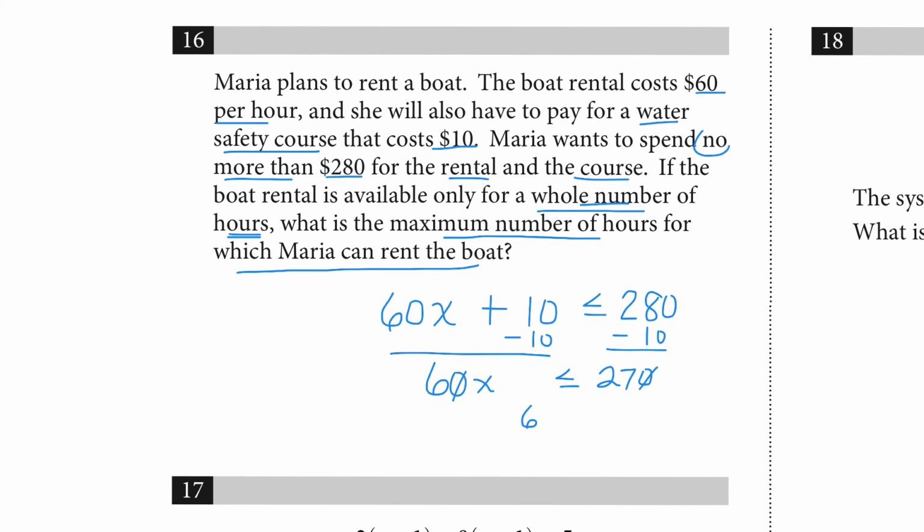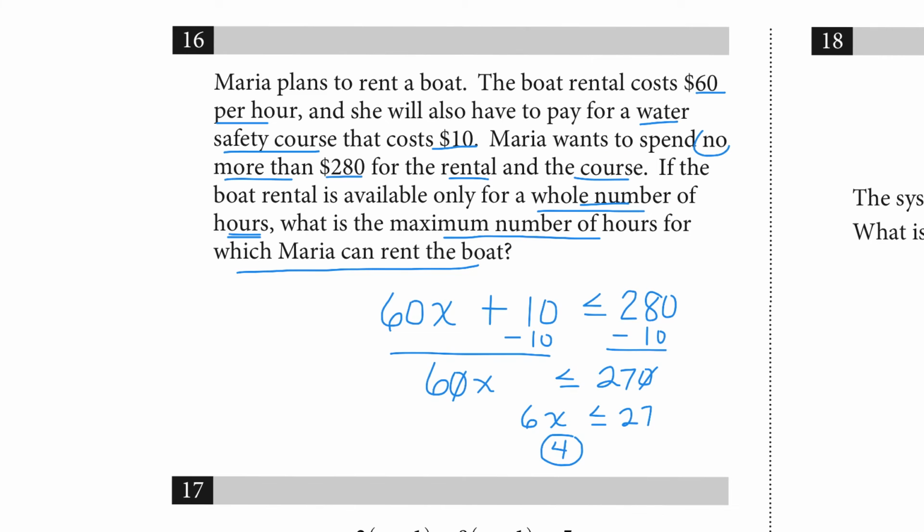So we have 6 times the number of hours is less than or equal to 27. Now keep in mind that x is a whole number. X could be 4 or 5. Well, if x is 4, 6 times 4 is 24. If x is 5, you're going to go over that. So the answer is 4 in this case.